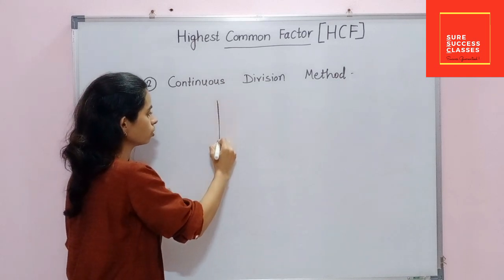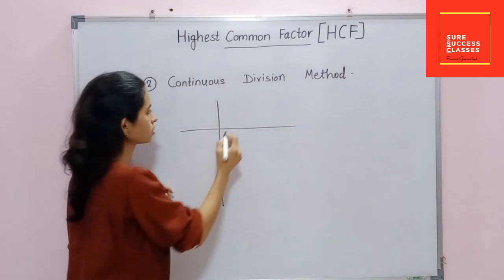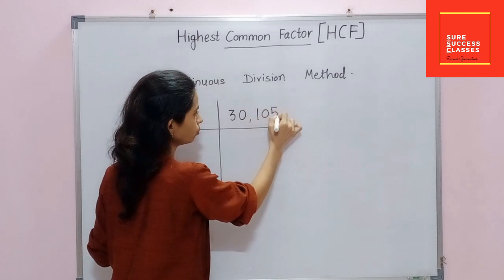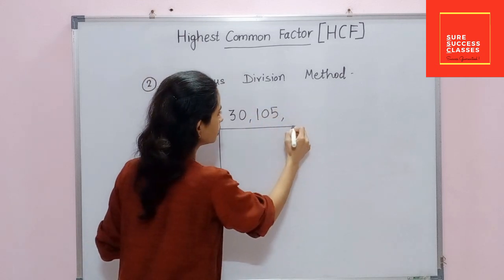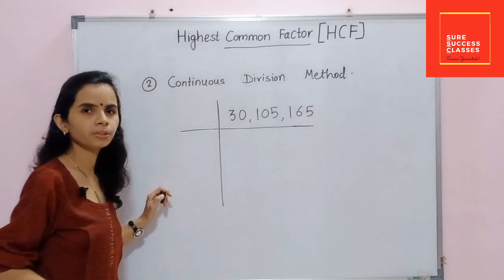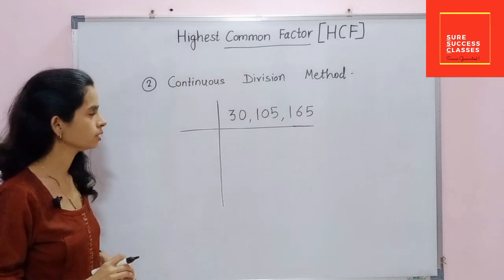If we want to find out the H.C.F. of bigger numbers, if those are 30, 105, then 165. By using divisibility rules, here we will find out the prime factors of these numbers.